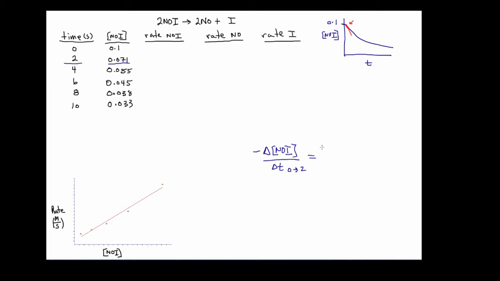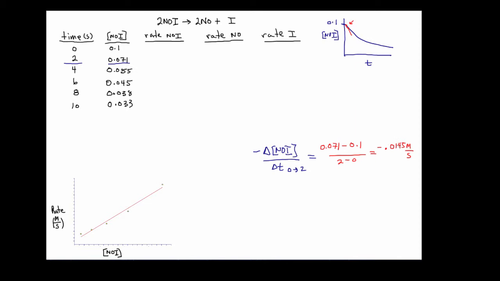So remember, the slope is y2 minus y1, so we're going to have 0.071 minus 0.1, divided by 2 minus 0. All right, and we're going to use the negative sign to indicate that the concentration is going down, and it will be 0.145, and the units will be molarity per second.